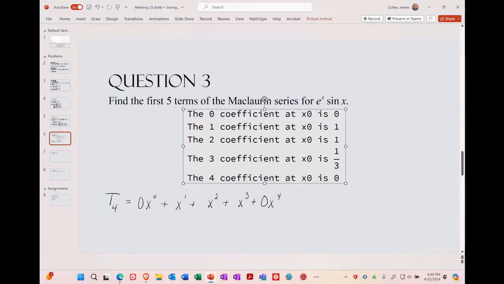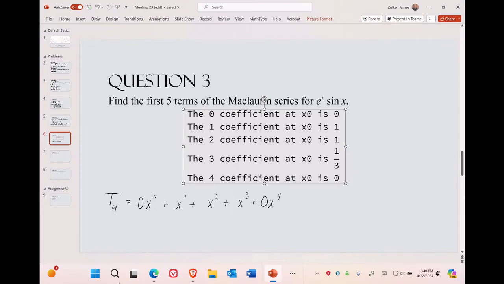Okay, there we go. That's better. So 0, 1, 1, a third, and then 0.